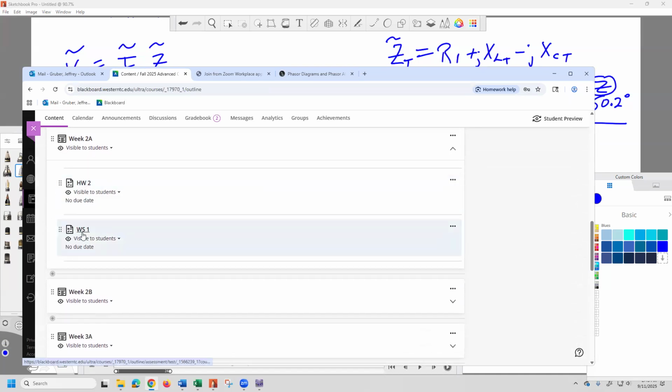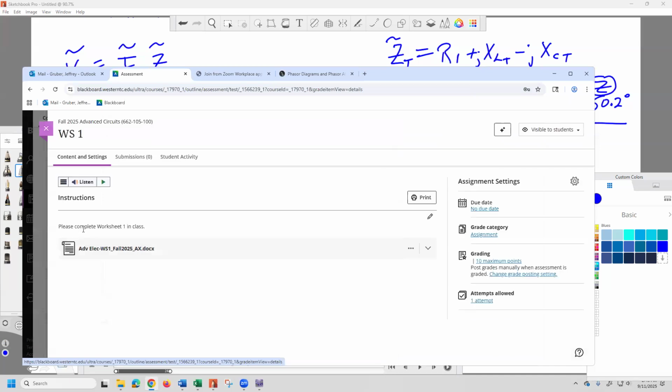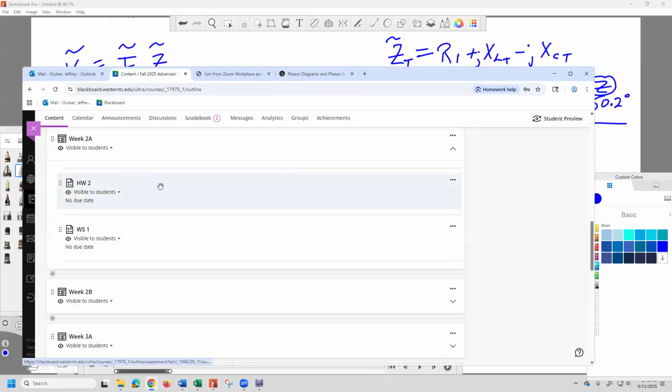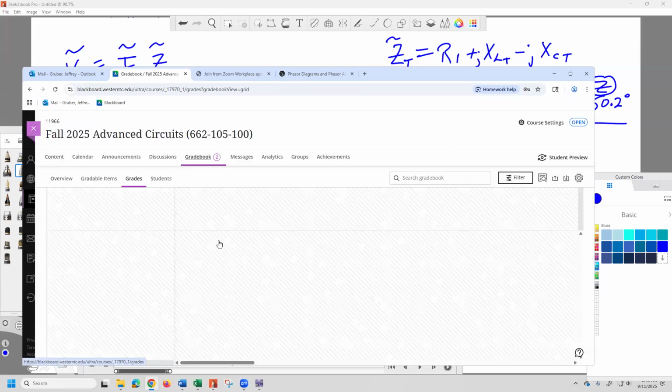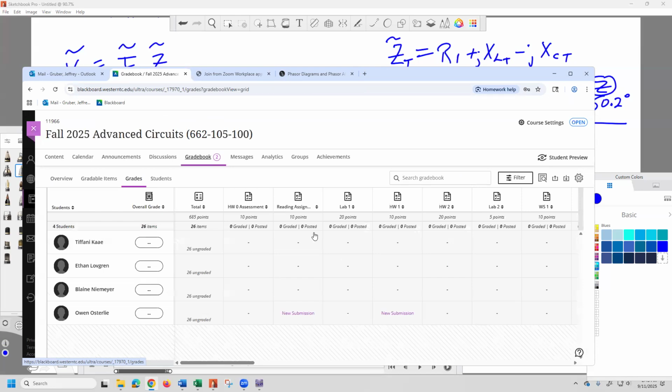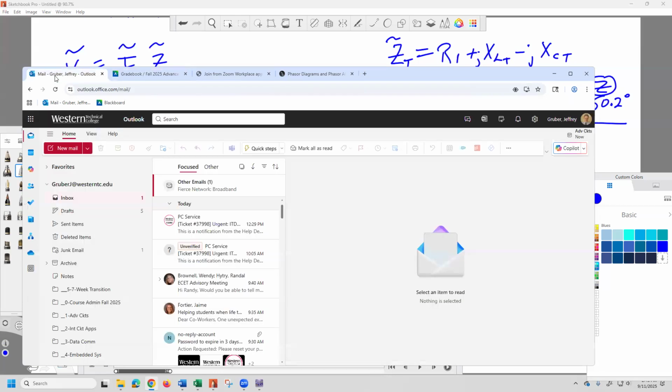Yeah, it's right here. I'm not used to this new format, so let's go to grade. Oh, yeah, right here it is, 10 points. It's worth 10 points. So I just gave you the answer.